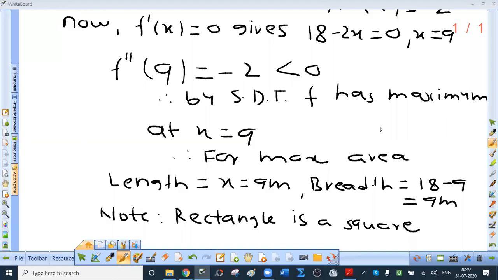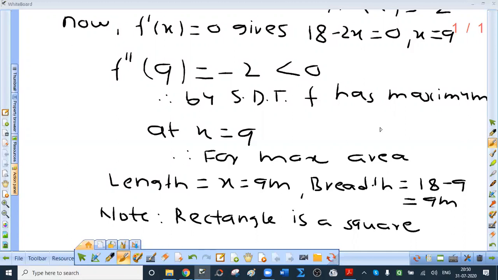You can use the following results for CET. Write down. Amongst the rectangles with given perimeter, square has the greatest area.